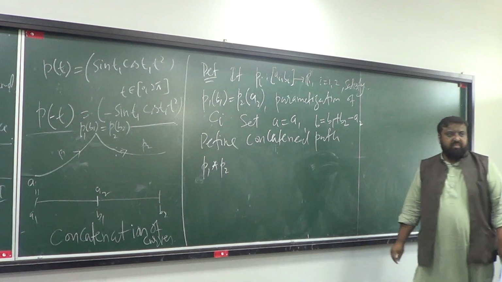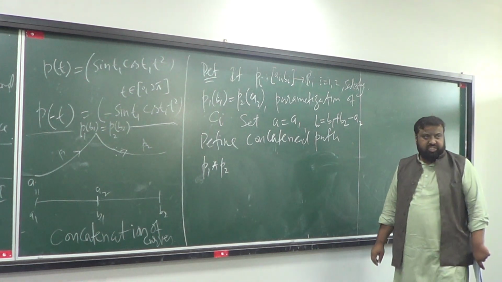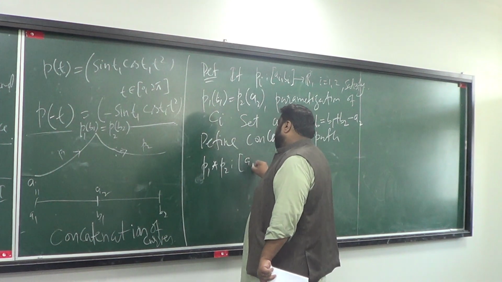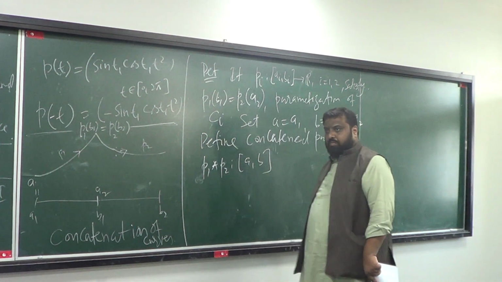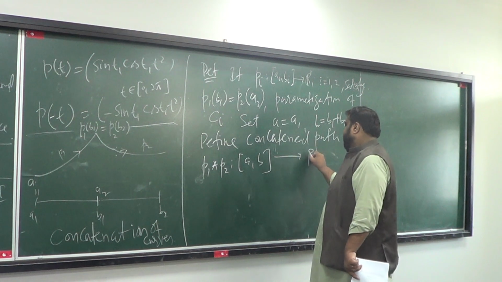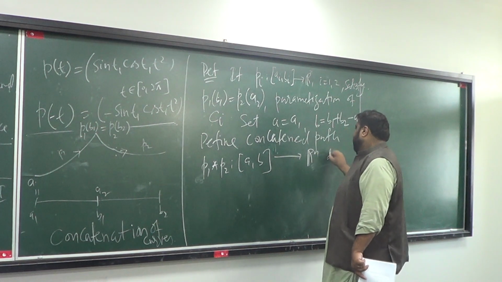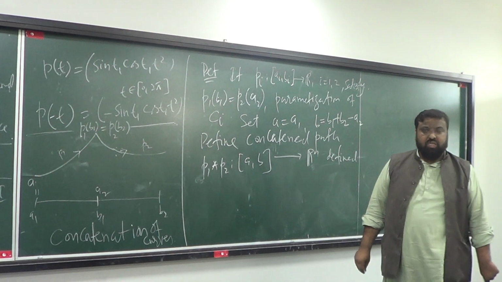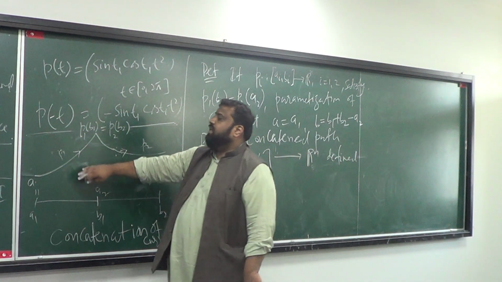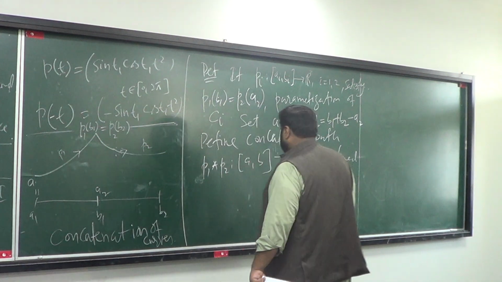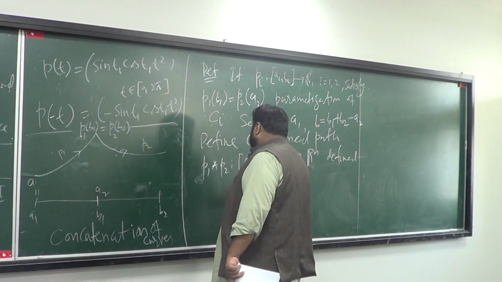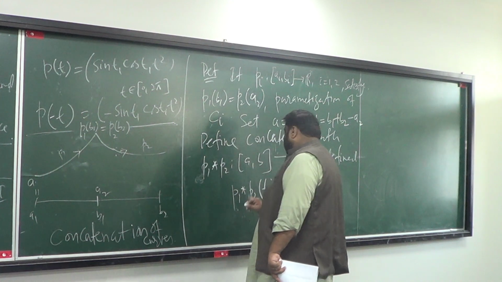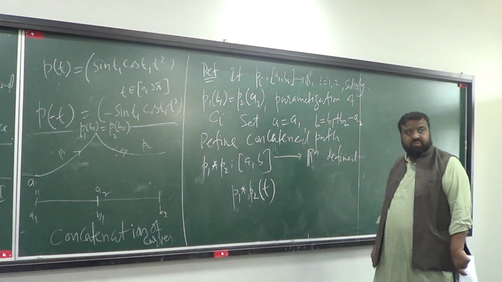P1 star P2 is the concatenation of paths P1 and P2 as a map from [A, B] into Rn, defined by, how is it defined? I want to treat this entire quantity as a single entity. So I'm going to say this P1 star P2 is operating on an instant t.